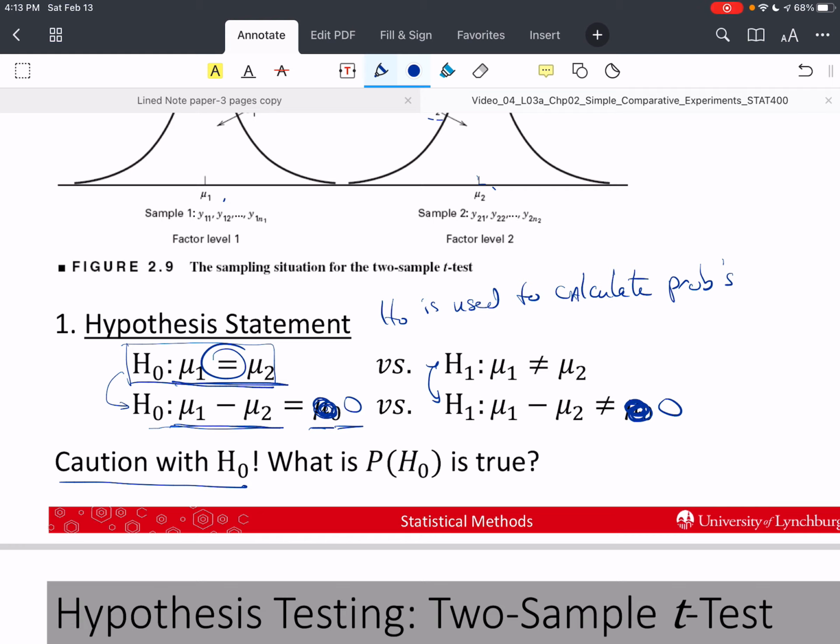So in order to determine whether or not the claim is true, we need to know the probability of the characteristic we're calculating from our sample occurring under the null hypothesis. And if it's a very, very small probability that this would occur if H naught is true, then we would reject H naught in favor of the claim or alternative hypothesis. Okay? In most cases, the alternative hypothesis is what we're trying to prove, but not all.